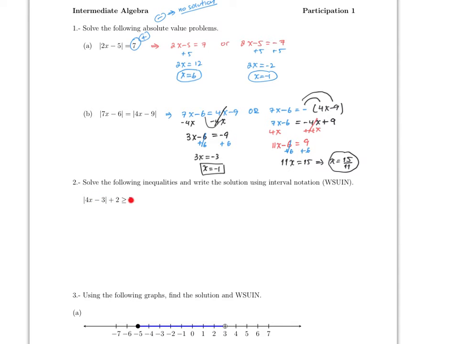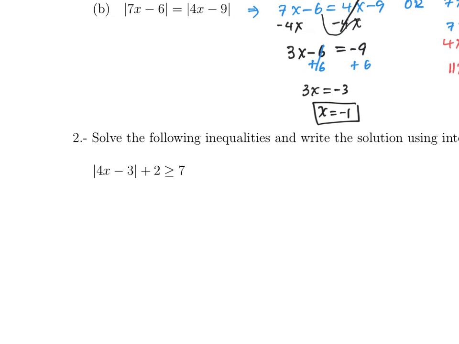Remember that if this is negative, there is no solution. In this case, you need to subtract 2 on both sides to have the absolute value by itself. So here we have the absolute value of 4x minus 3 is greater than or equal to 5. And as you can see, this is positive, so this is okay.